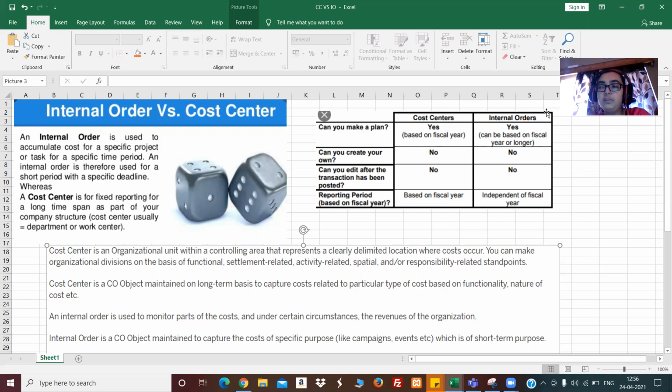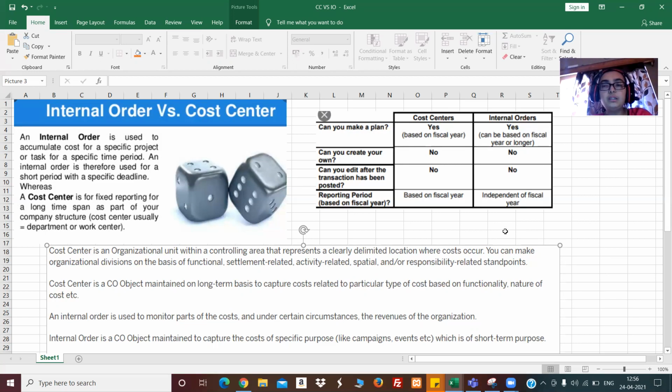All of these segments are designed differently, and under each one the cost gets booked and incurred, and accordingly those costs get captured by the cost center, the cost object. So that's the purpose of a cost center.